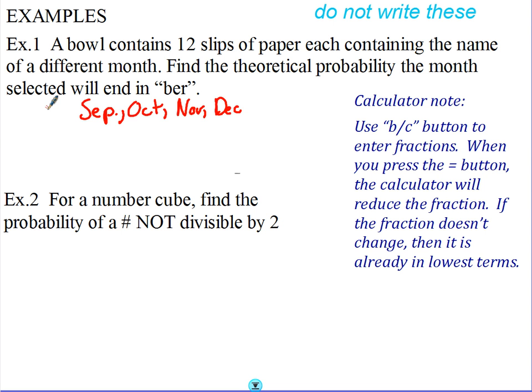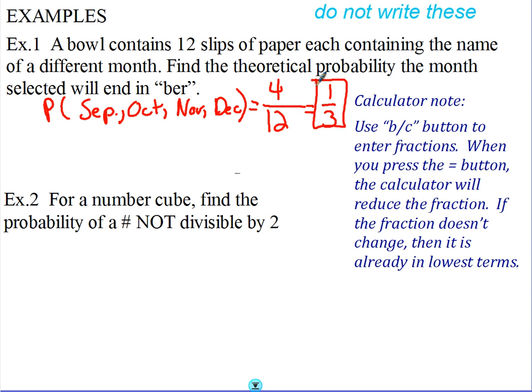So the probability of picking those 4 different months, they end in a ber. So I have what I'm looking for, so 1, 2, 3, 4, over how many in total. There are 12 months in total, so I put 4 over 12. This reduces down to 1/3. So there's a 1/3 chance of picking a piece of paper out and the month ending in a ber.